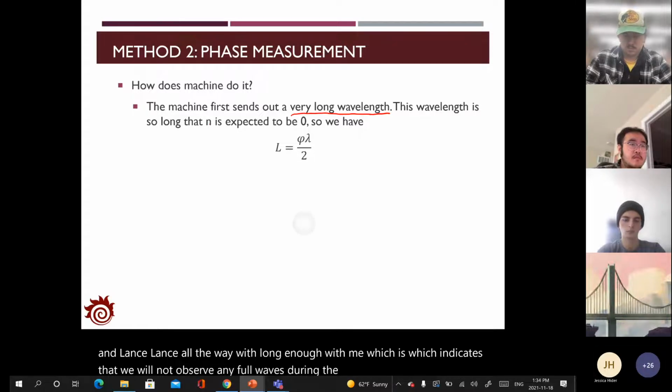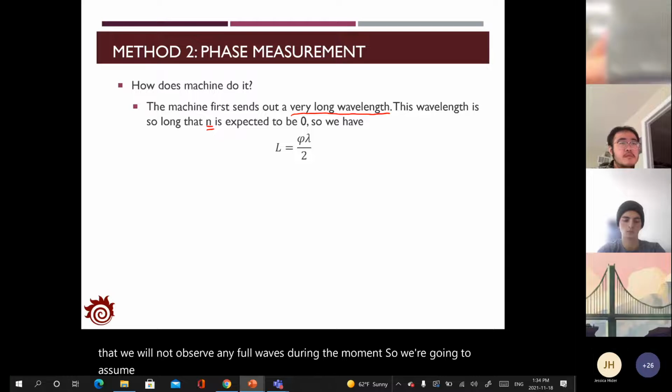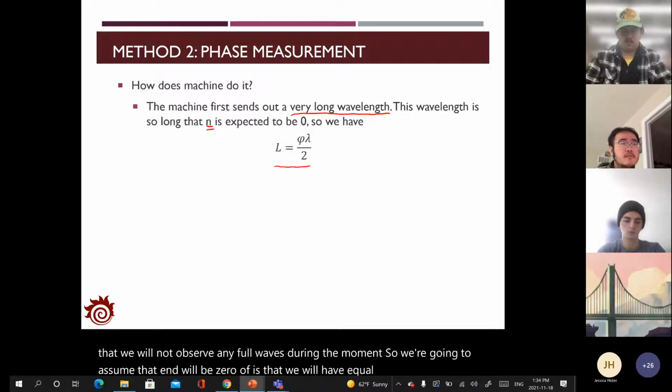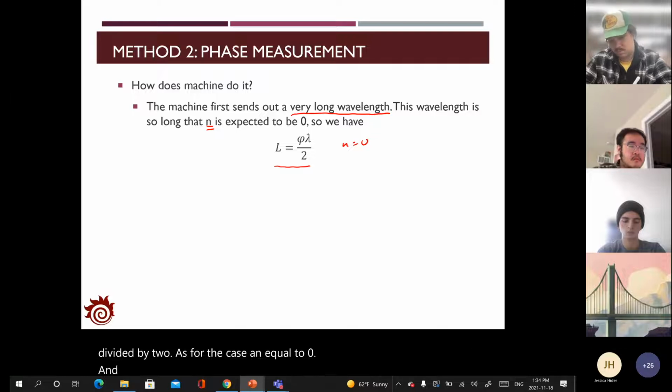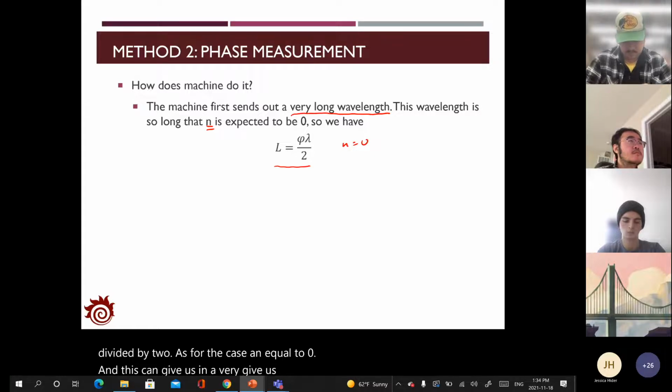So we're going to assume that n will be 0. With that, we will have L equal to phi times lambda divided by 2, for the case n equal to 0. This can give us an approximation of the distance from your start point to your target.